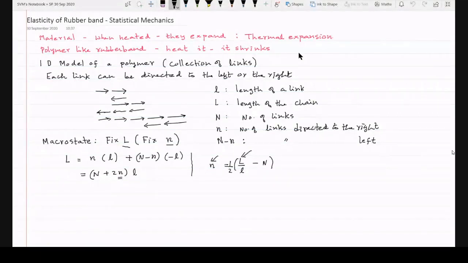For example, let's say I have n equal to 3 or 4, and then n is equal to 2, let's say, then I can have a situation where these are like this. This is one possible way in which you can have this thing, or you can have another possible.